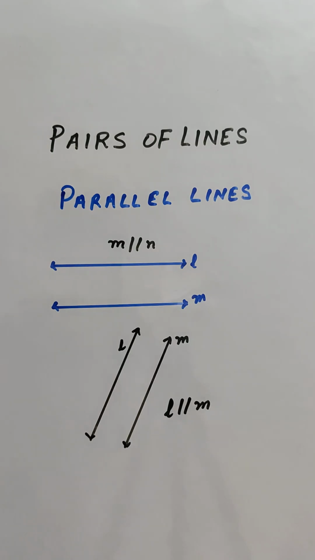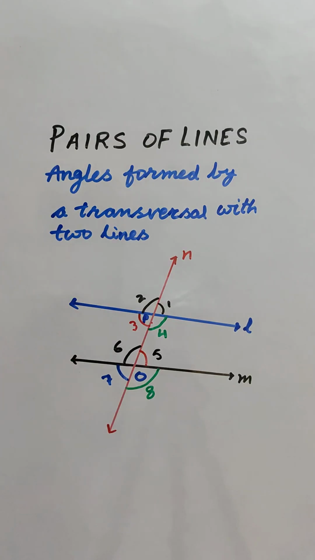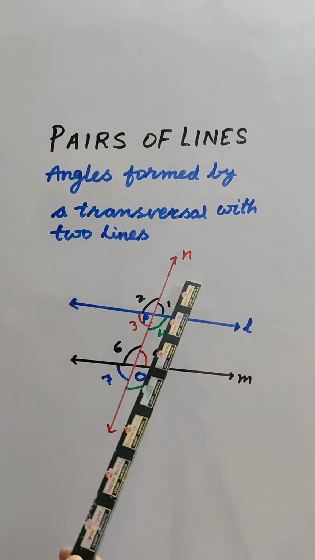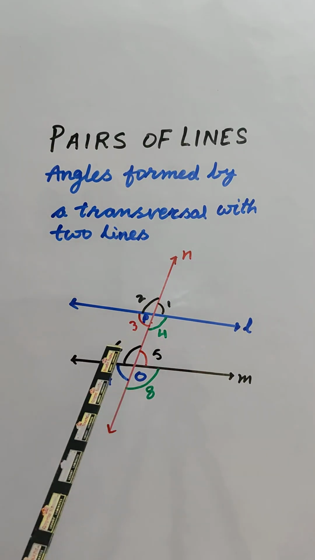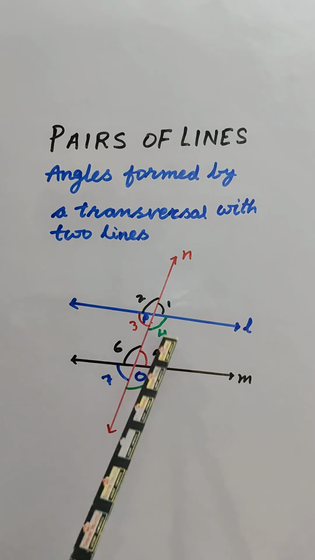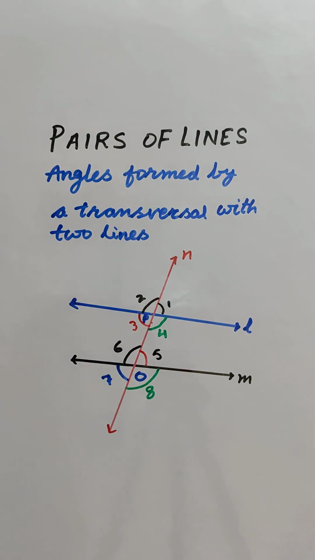Now we shall study the angles formed by a transversal with two parallel lines. Here L and M are two lines, and another line N is a transversal intersecting these two lines at P and Q respectively.